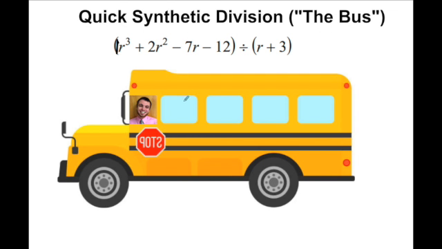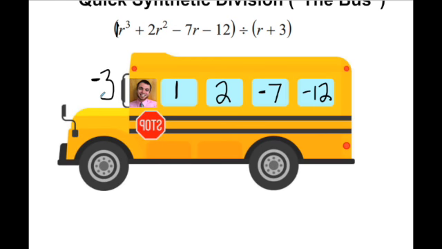This is a bus that I happen to be driving, and we've got our buddies in here, 1, 2, -7, and -12, riding the bus. Outside, and maybe you can consider the driver, is -3. I'm going to show you how this bus works.